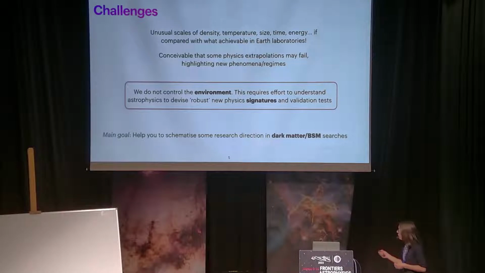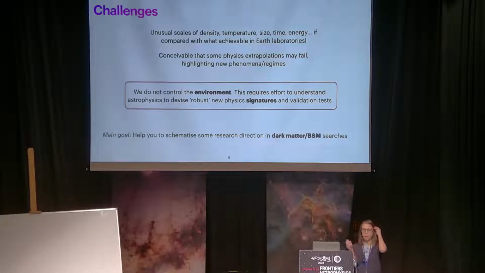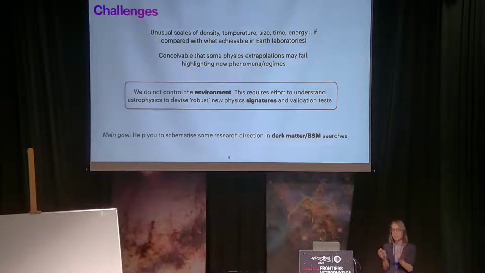So in what follows, since the domain is quite broad, what I would like to present to you are a few lines of research that have basically been driven by my curiosity in the last few years, and that can help you schematize how indirect detection of new physics works.